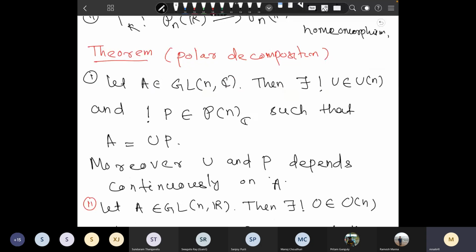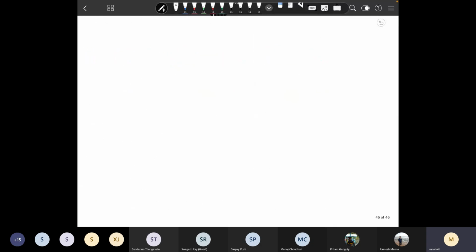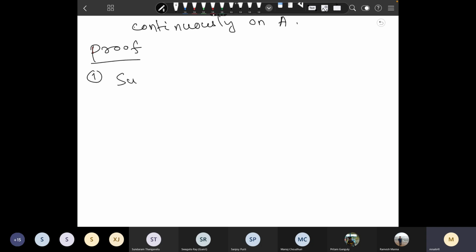Then that uniqueness will give some idea about the decomposition. Then we will use that idea and finish the proof of part I. Okay. Proof of I: suppose A is equal to UP.